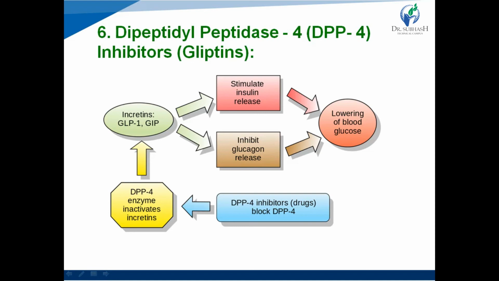But the DPP4 enzyme inactivates incretins, so this should be inhibited, and this is possible by DPP4 inhibitor drugs. They inhibit the DPP4 enzyme, so inactivation of incretin is inhibited, and incretin can do its work properly, which is to lower blood glucose level.